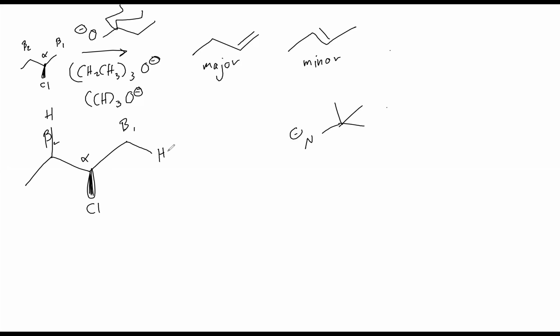So when we use a small base that's not worried about steric hindrance, it can easily grab this hydrogen and make the Zaitsev product. However, if we have a bigger base, that's going to worry a lot more about steric hindrance, so it's only going to be able to attack this less sterically hindered hydrogen and cause the Hofmann product to form. Does that clear up some of those questions?